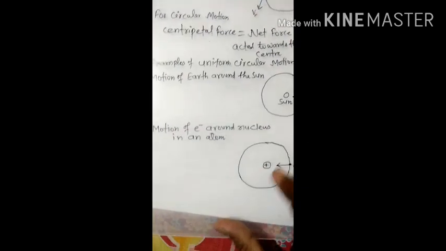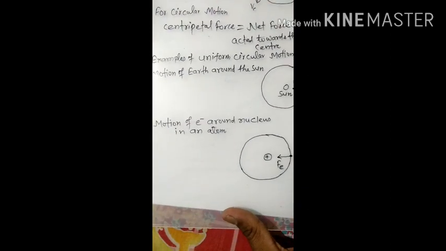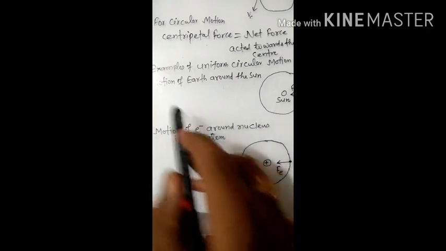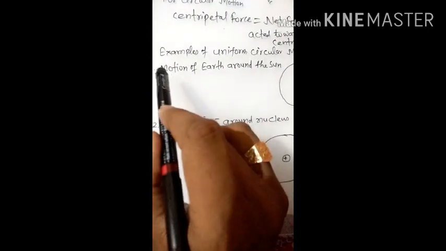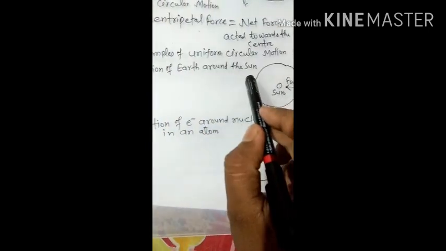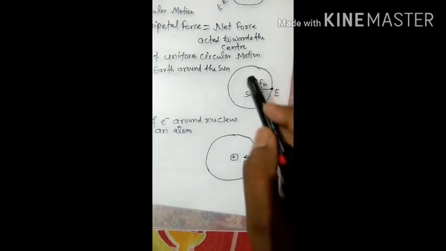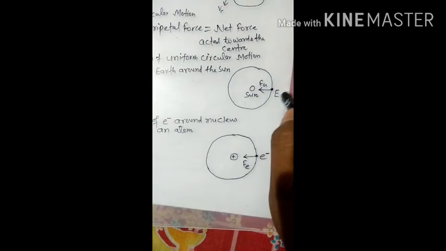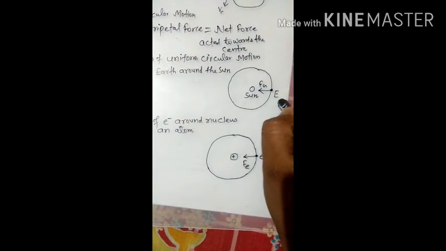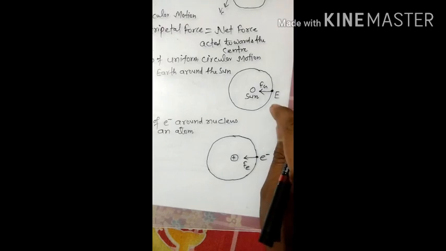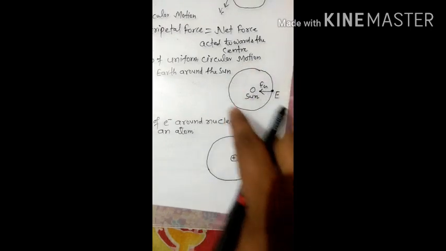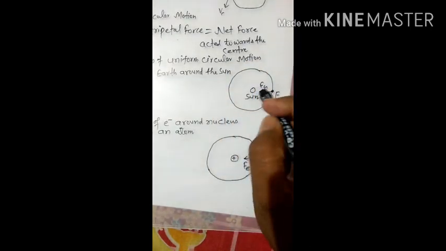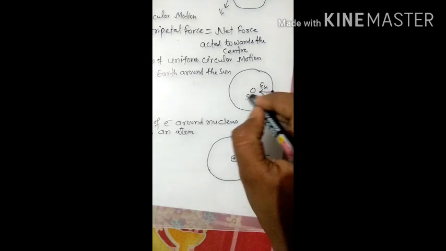Here are some examples related to uniform circular motion. First one is the motion of Earth around the Sun. This is the diagram in which point E represents the location of Earth in its orbit, and at the center the Sun is present.